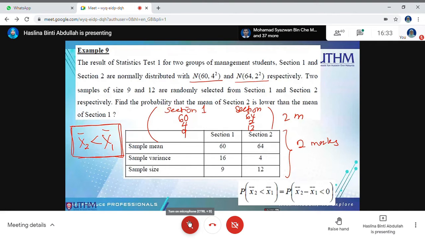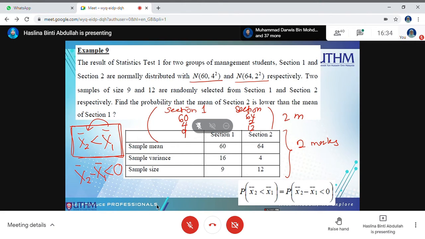So, what is the value of R? Zero. Clever. So, the way to write it, you bring X bar 2 to the left side, minus X bar 1. This one remains. Less than 0.